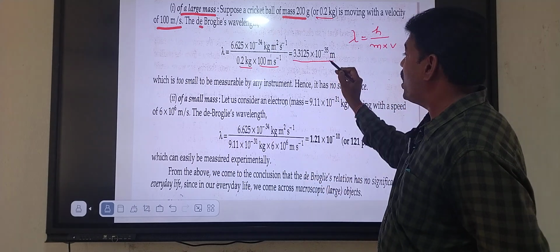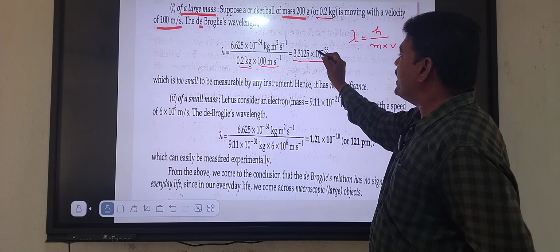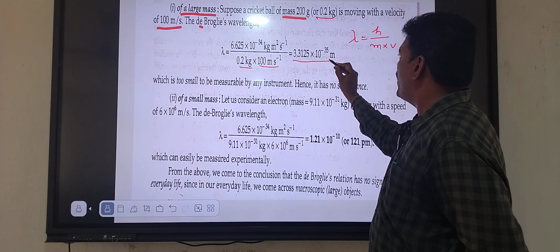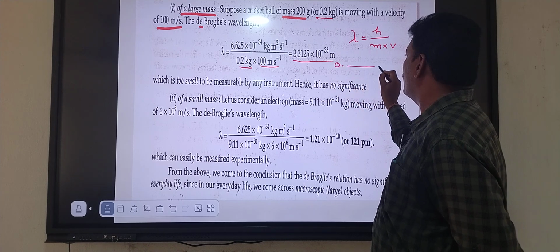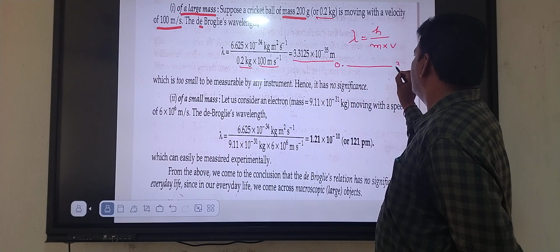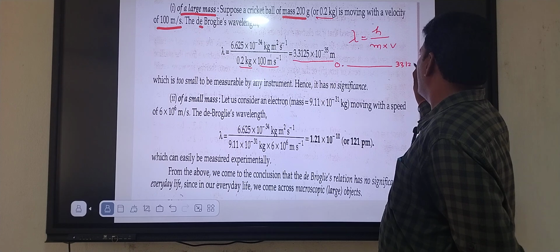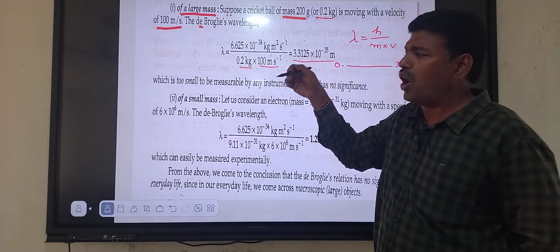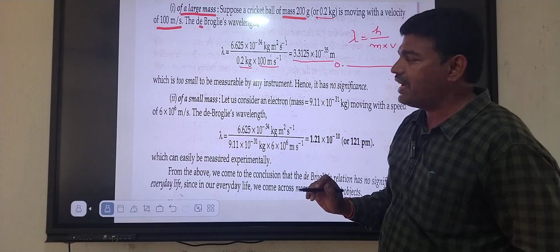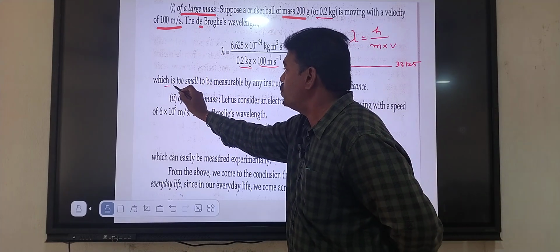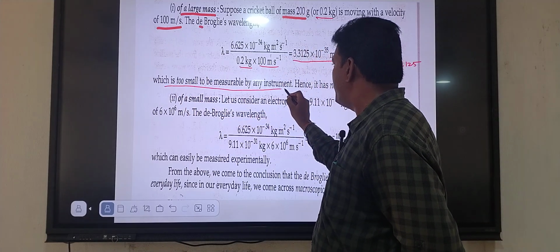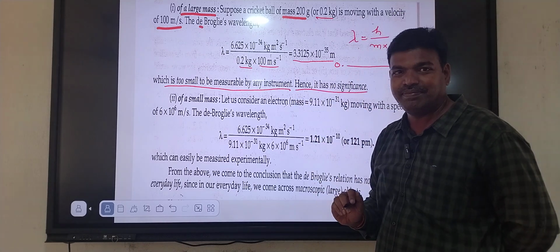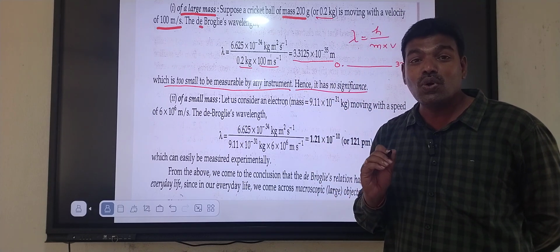Which is a very small value, because when we write this standard form into decimal form, we get 0 point almost 34 zeros after which 33125. You can imagine how minute this value is. It is too small to be measured by any instrument, hence it has no significance.